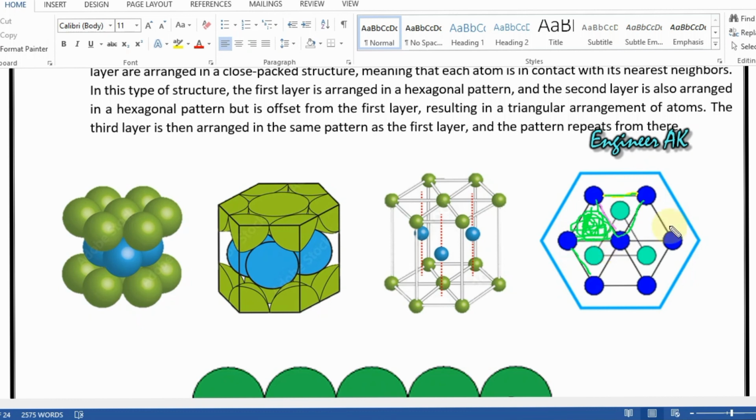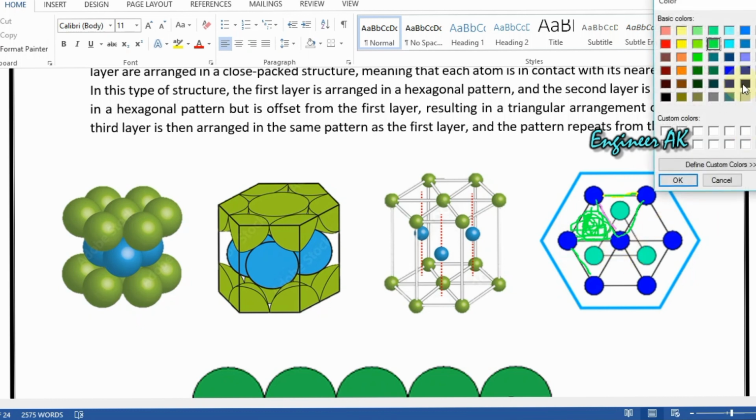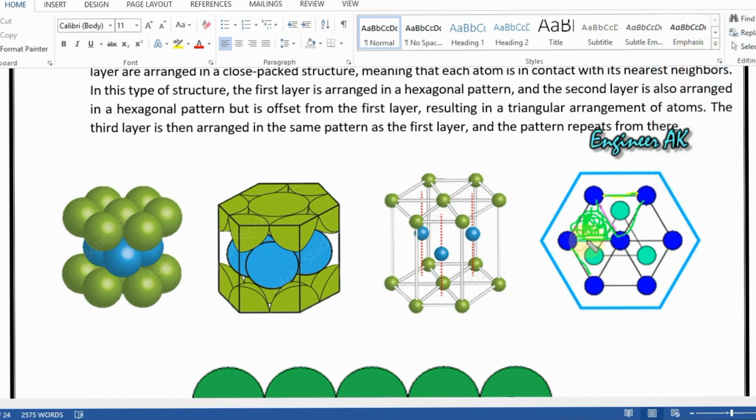Now again in the next triangle, this one I'm talking about, let me change the color, this one, again they have placed one atom here, then again they have left this triangle empty, then again they have placed one atom here, then again this is empty, right?